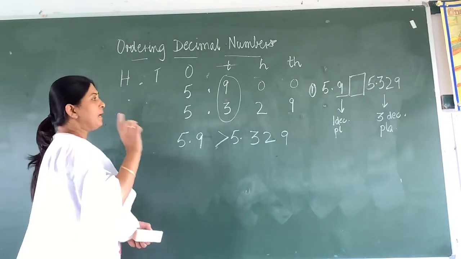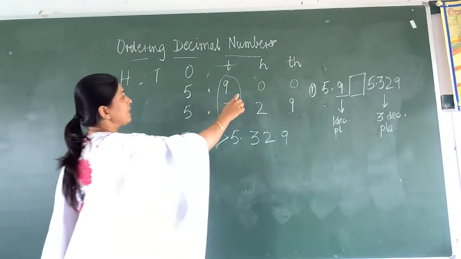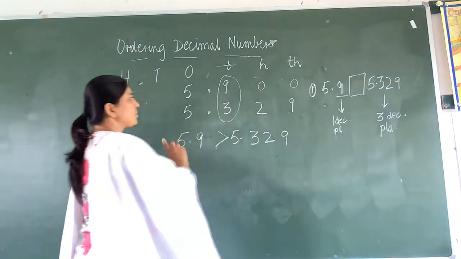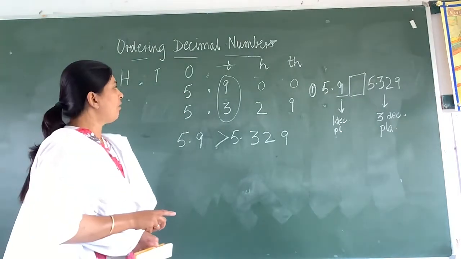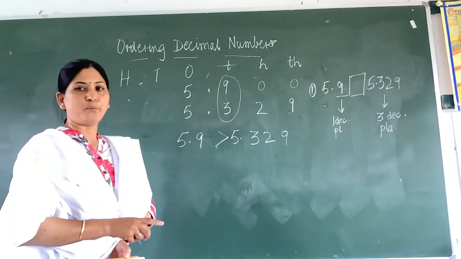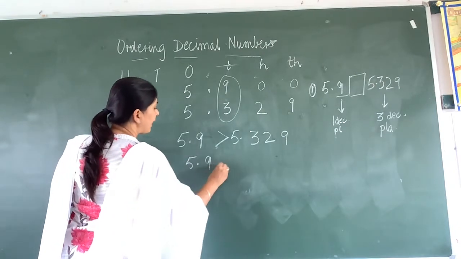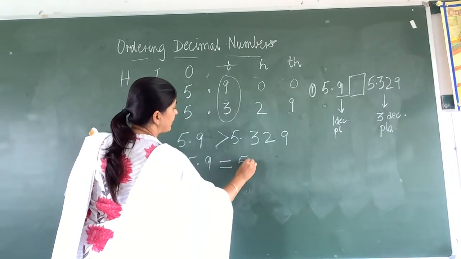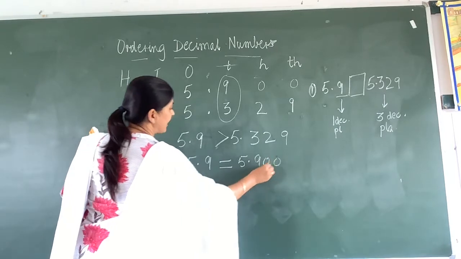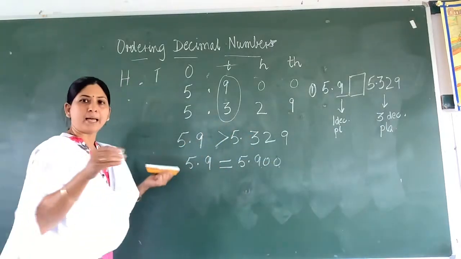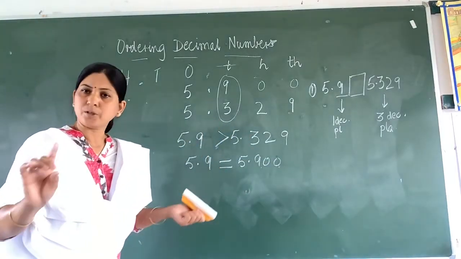Okay, now I was telling you, we added 2 zeros on the right hand side of 5.9 and made it 5.900. Now 5.9 is equal to 5.900. I told you that adding zeros on the right hand side of a decimal number does not change its value.